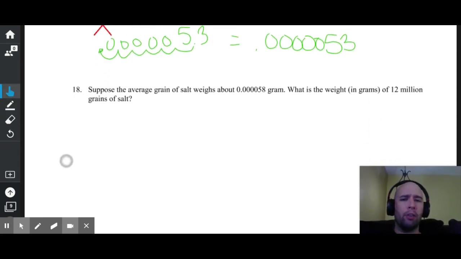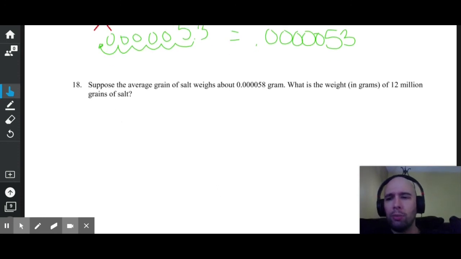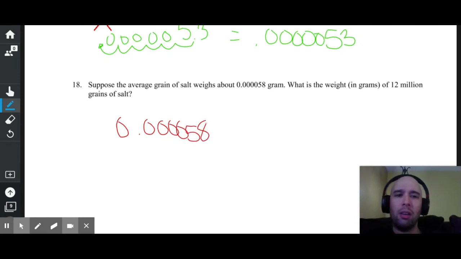Suppose the average grain of salt weighs 0.000058 gram. What is the weight in grams of 12 million grains of salt? Figures. It's the last problem, and I'm probably going to need a calculator. No big deal. Suppose so each grain of salt is 0.000058, and I have 12 million of them.